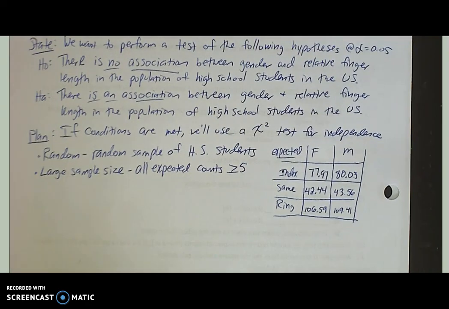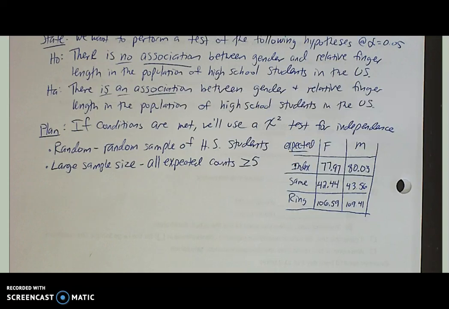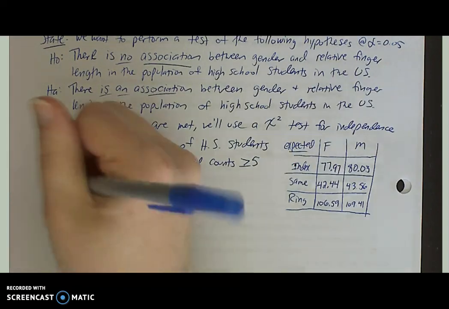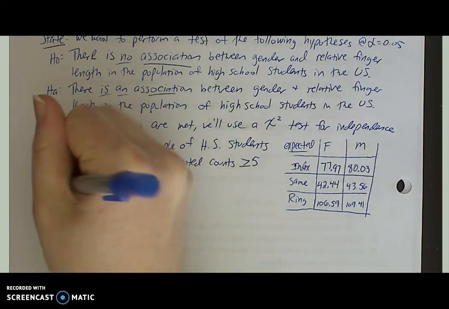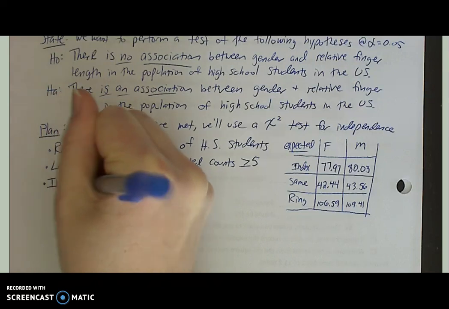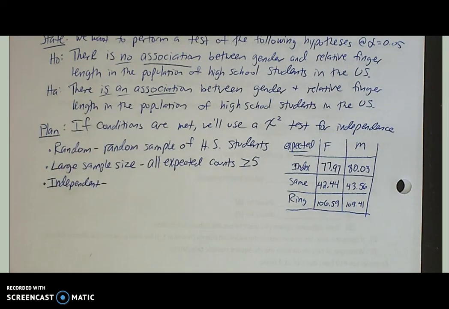We still have to test for independence. We do need to check our 10% condition because this was not an experiment. So I believe it's safe to assume that 460 is less than 10% of all high school students in the U.S.